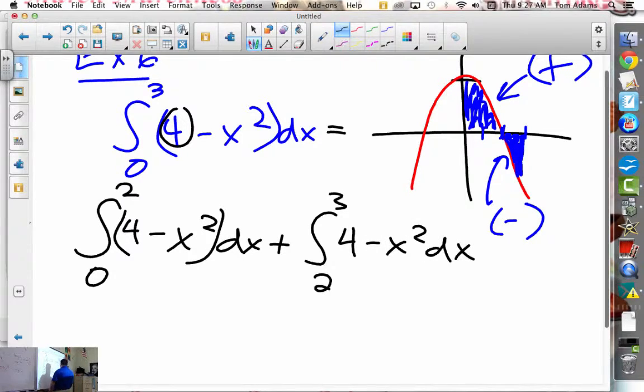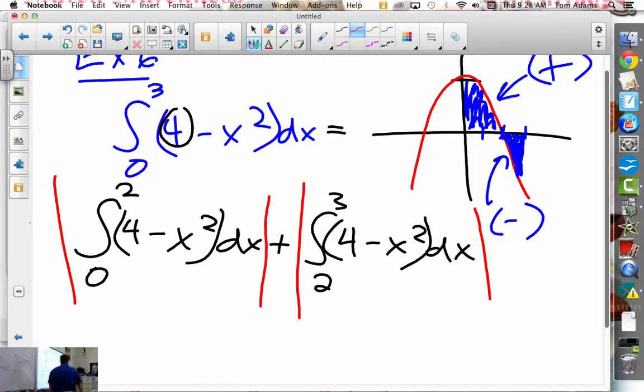But the only trick here is that I want to know the absolute value of the area. So I could say, let's figure out what the absolute value of this is and the absolute value of what this is. Those are absolute value brackets.